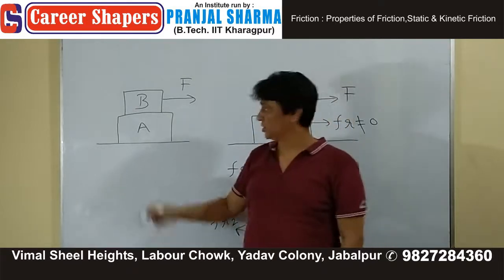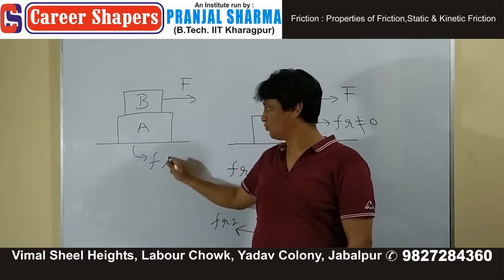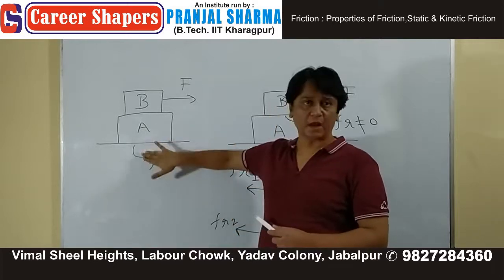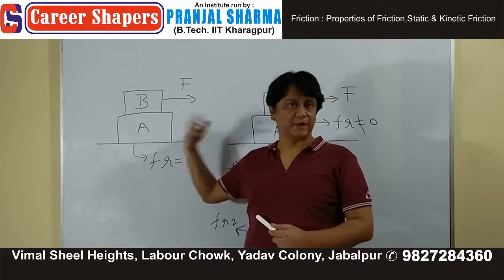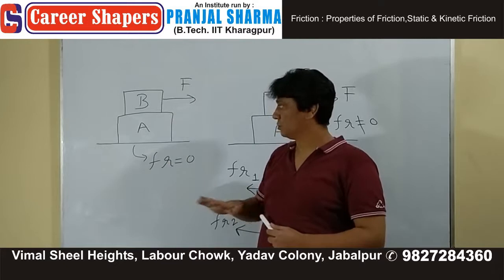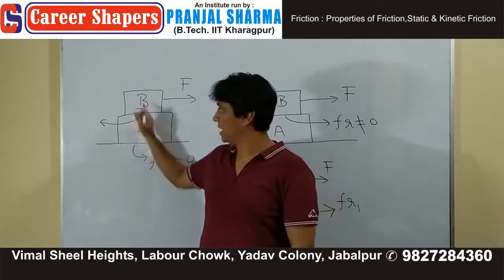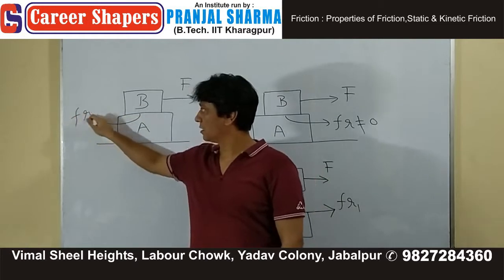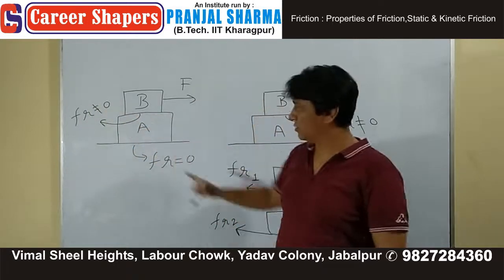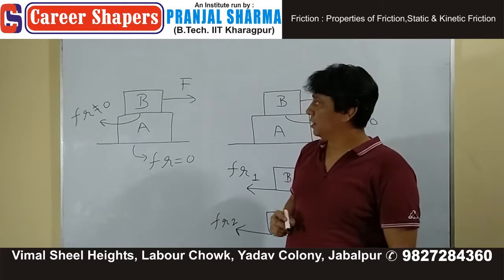Now imagine a situation in this form. Suppose I say that this part has no friction. FR is 0 between A and ground, which can itself be a separate independent question. So friction is present between A and B. Friction is not 0 between A and B, but friction is 0 between A and ground.